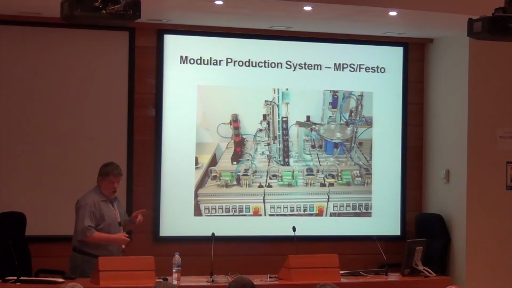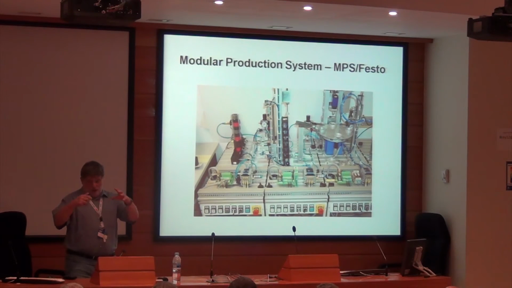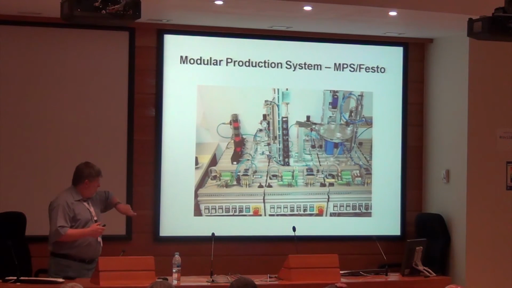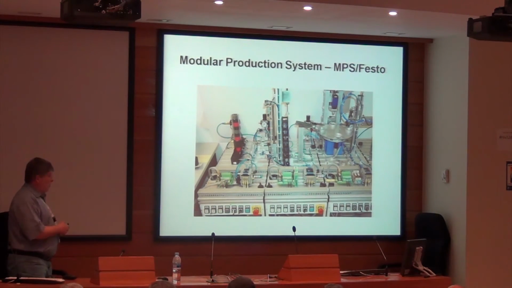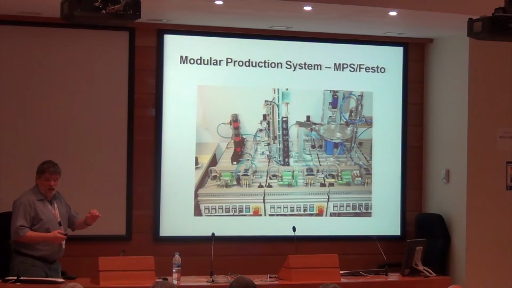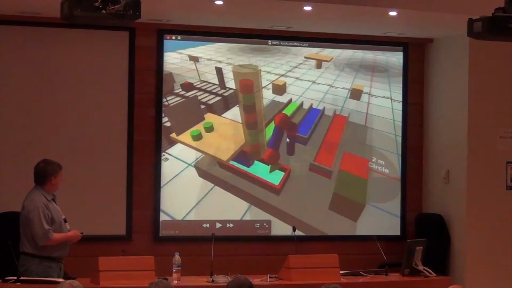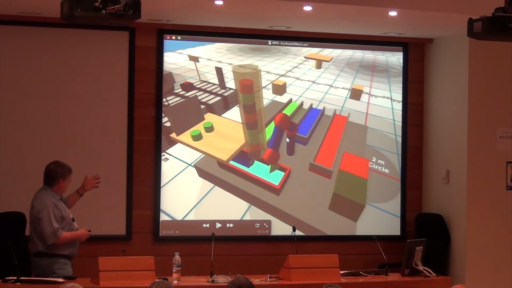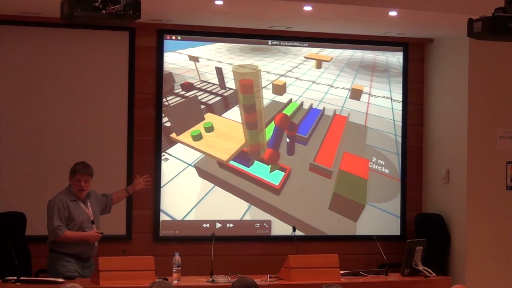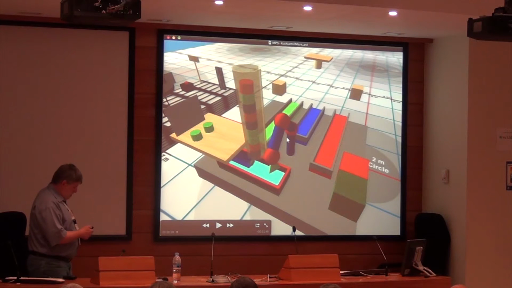They built the virtual model of it and connected it to a real device. It looks like a Lego world. It's very simple, but you can see the principle of, for example, this magazine with the changer module and so on.